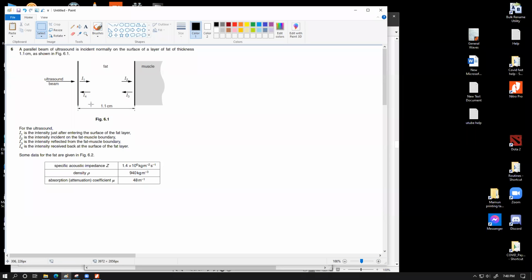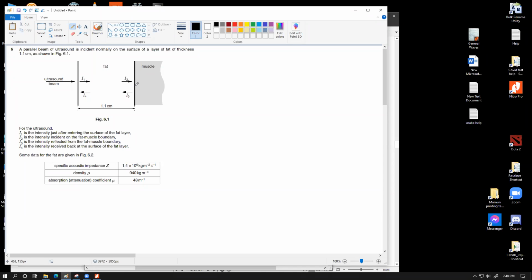So already we have 4 individual intensities labeled over here. A couple of things we have to understand: when the incoming intensity comes in, it undergoes a decrease of its intensity, attenuation, due to the thickness of the material.